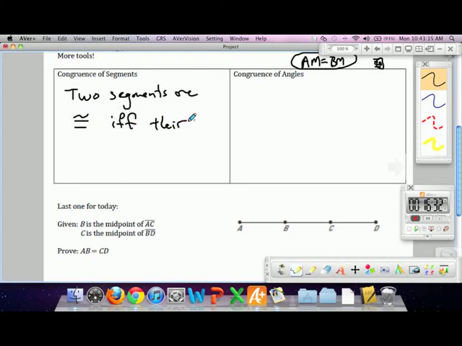This is recalling the definition of congruence. It's a subtle idea, folks, but an important one. Two segments are congruent if and only if, by definition, their measures are equal.